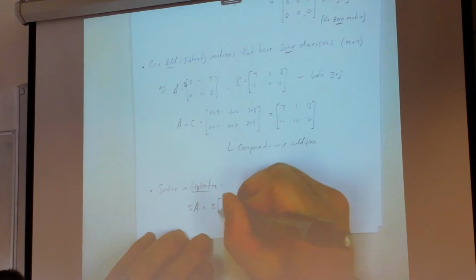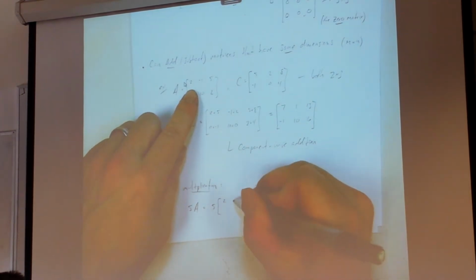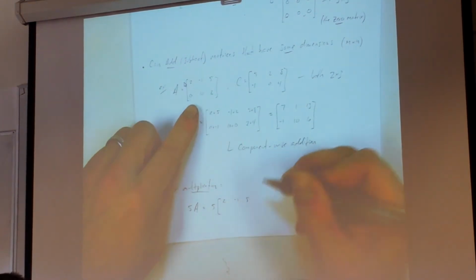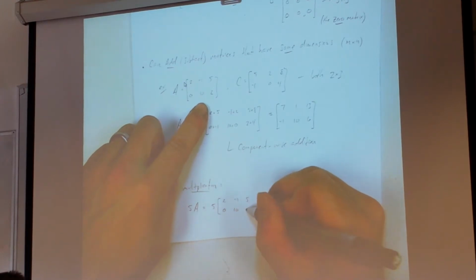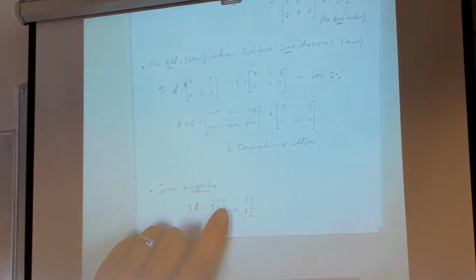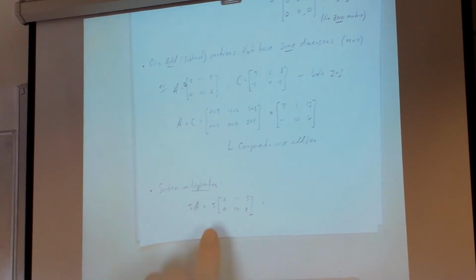It's 5 times 2, -1, 5, 0, 10, 2, and each entry gets multiplied by that scalar.